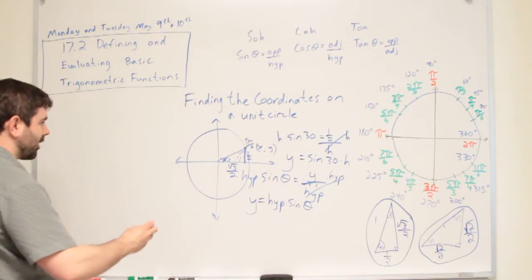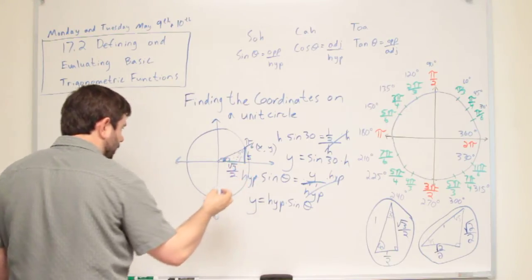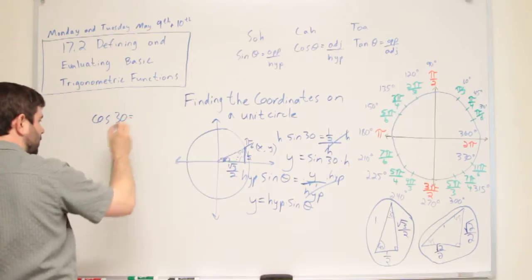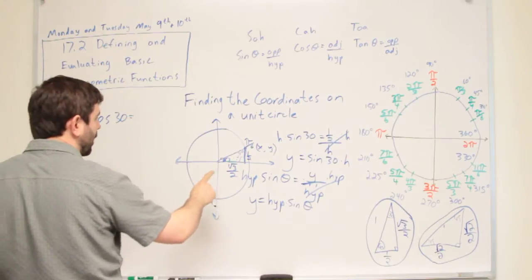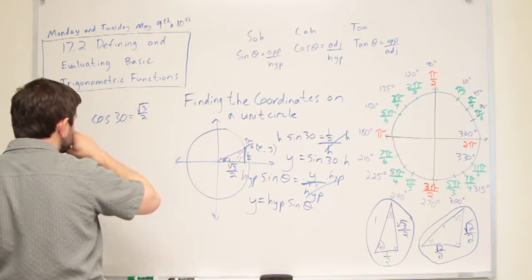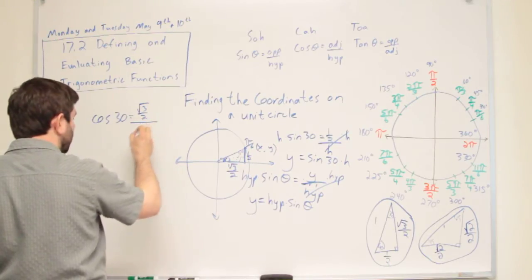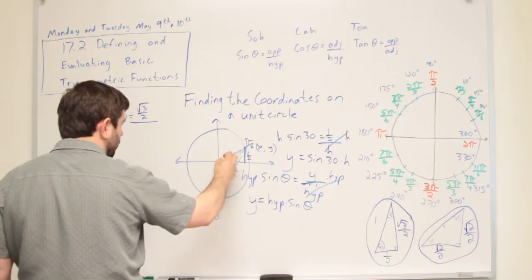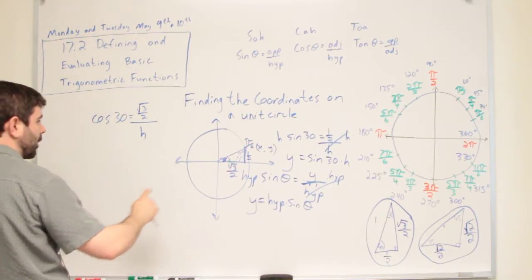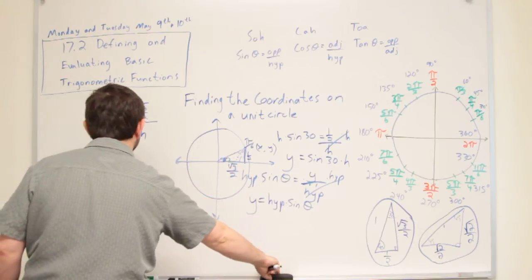And if we want to find the x coordinate, we're going to use cosine. So cosine of 30, cosine is adjacent over hypotenuse, so √3 over 2 over the hypotenuse, and √3 over 2 is our x value.